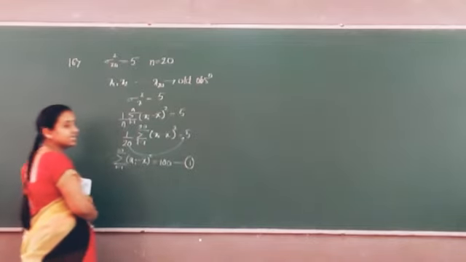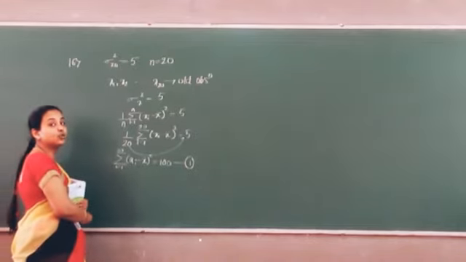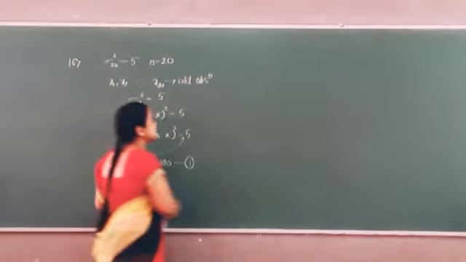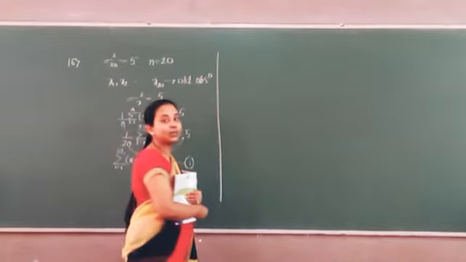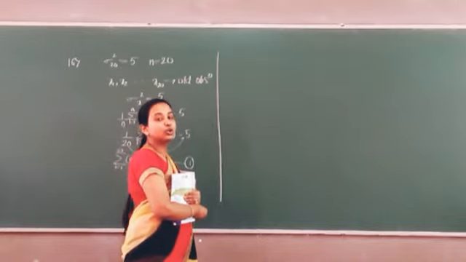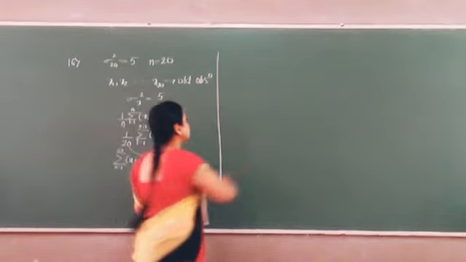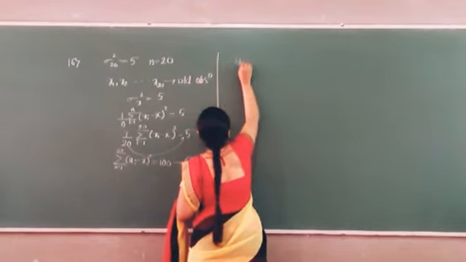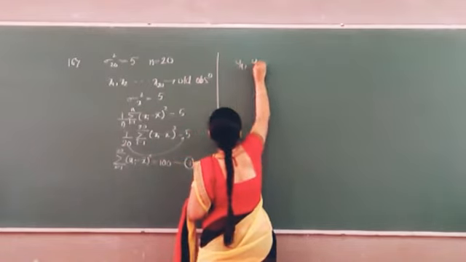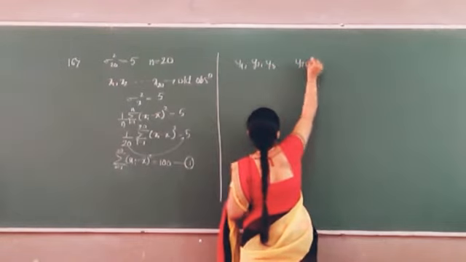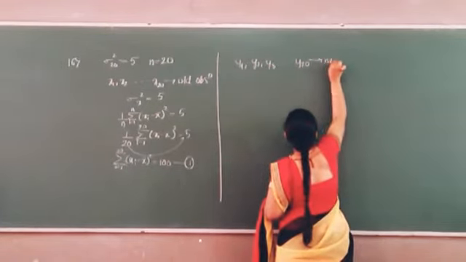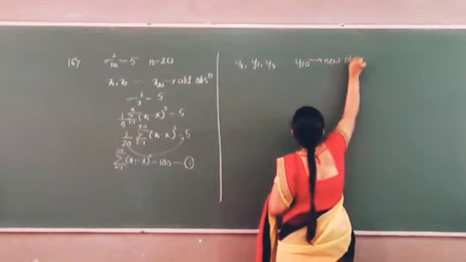Okay. So after this we will consider the new observations. Which are the new observations? That is each xi multiplied with 2. Those new observations we will name as y1, y2, y3, and so on up till y20. These are our new observations.